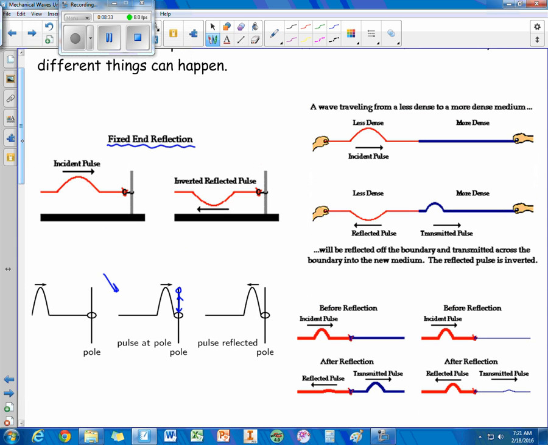If I have a wave pulse that goes from a light string, so less dense, to a more dense string, here we have it coming as a positive amplitude. It's going to send a small positive amplitude through the more dense string, but then part of that wave is going to reflect as a negative amplitude, kind of like it's hitting a fixed end.